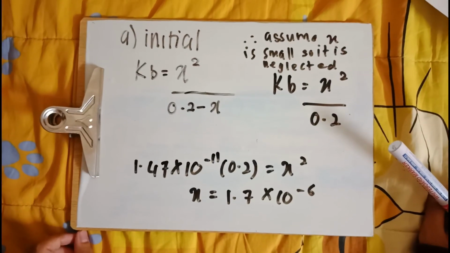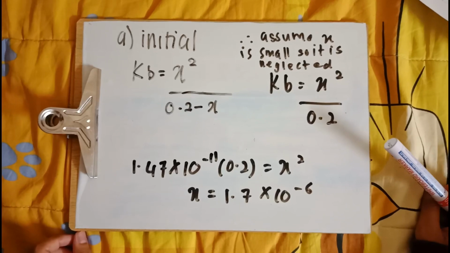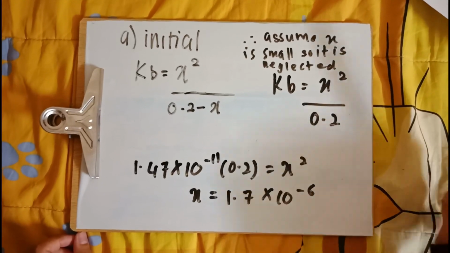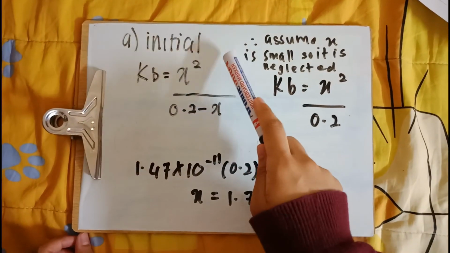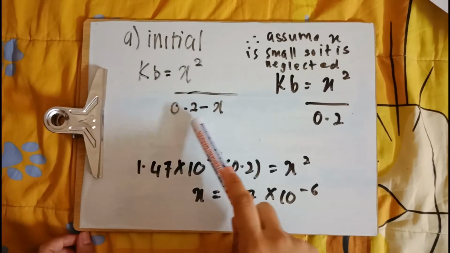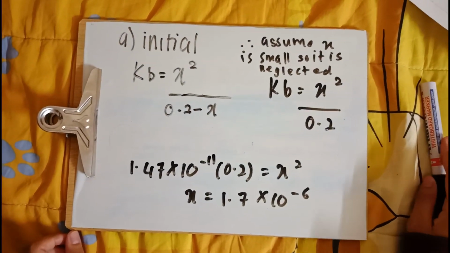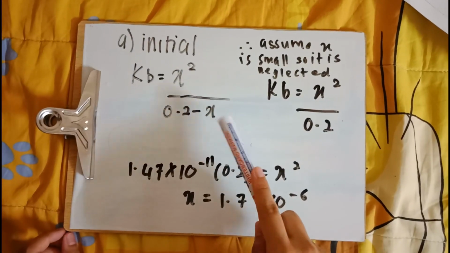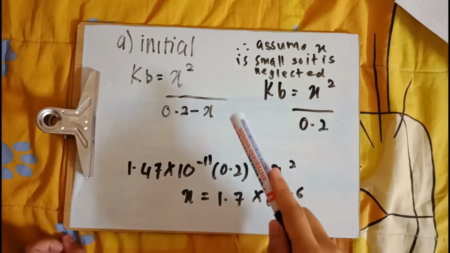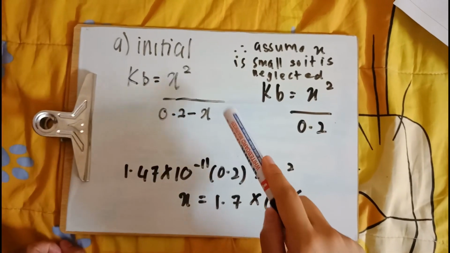We use the formula Kb equals product over reactant, and we put X squared over 0.2 minus X in this equation. As we know, X is so small that we can assume it can be neglected.